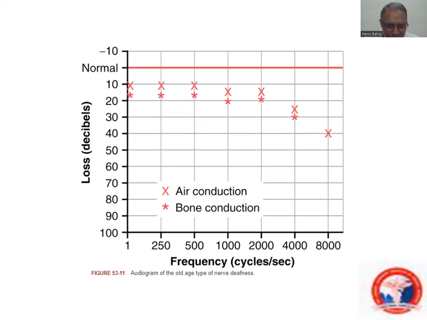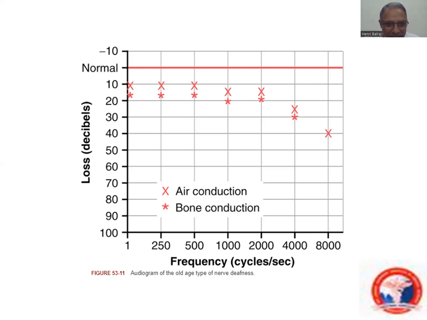And when compared to the next audiogram for middle ear issues causing deafness, this is frequency. Normally the frequency range is 20 cycles per second to 20,000 cycles per second, the compression and rarefaction.